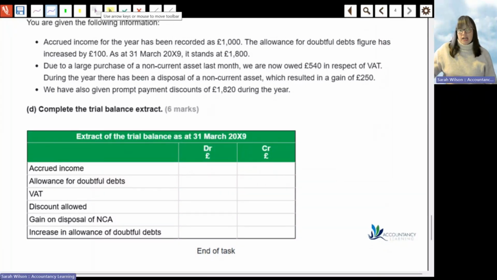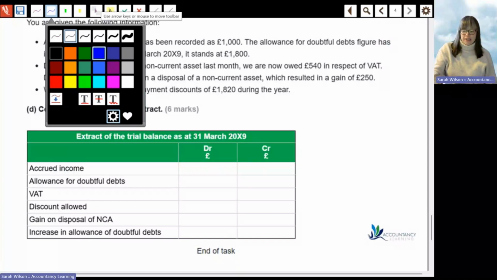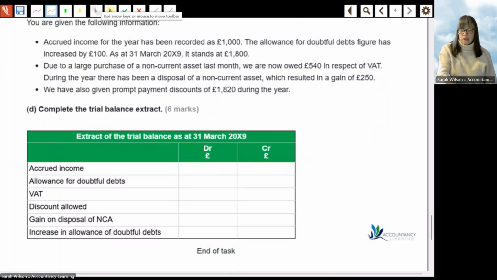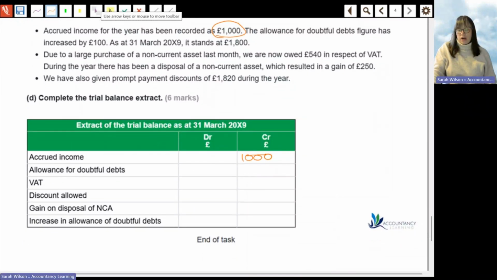So accrued income for the year then. So we need to put this into our trial balance. So our accrued income is 1,000. So if we're accruing income, it means that we've made the income in that year. So our income is increasing. So we will have £1,000 in our credit side of accrued income. Allowance for doubtful debts.